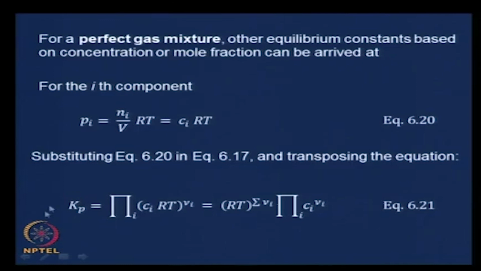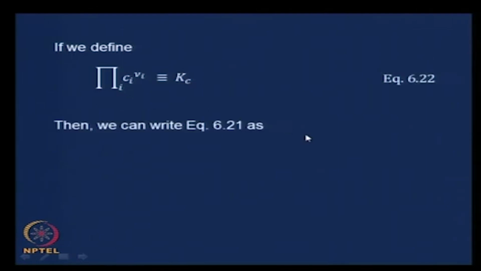This is the definition of Kp, and if we call this product over I Ci to the power nu I as Kc, then it is easy to see that Kc is nothing but Kp into RT raised to the power of minus sum over all the stoichiometric constants nu I. Let us call this equation 623.